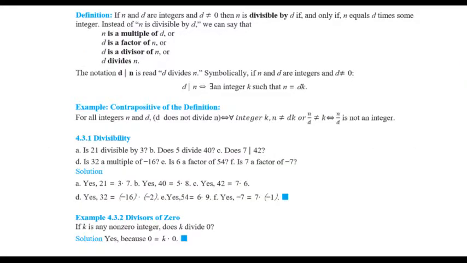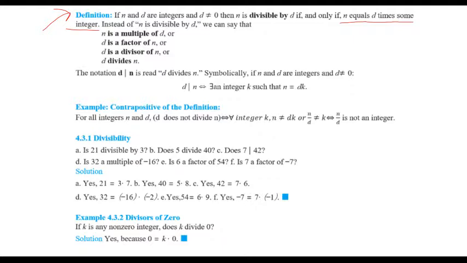Okay, so we continue chapter 4 with the following definition. We say if n and d are integers and d is not zero, then n is divisible by d if and only if n equals d times some integer.